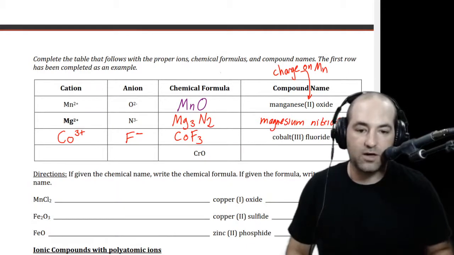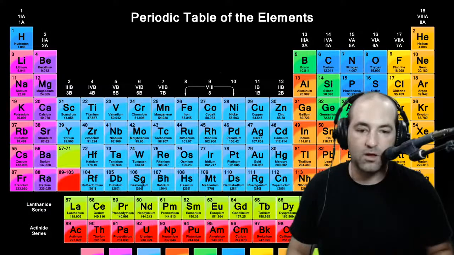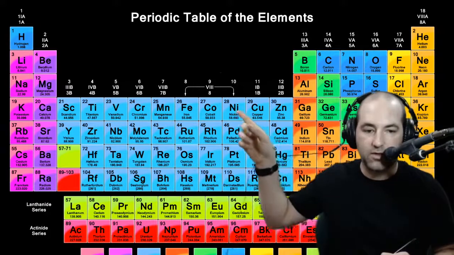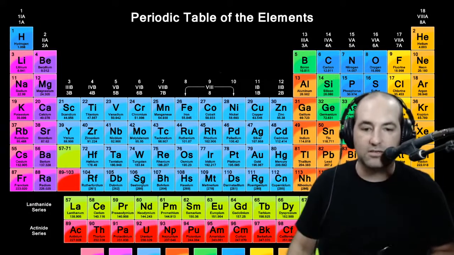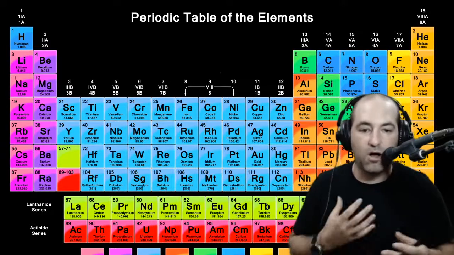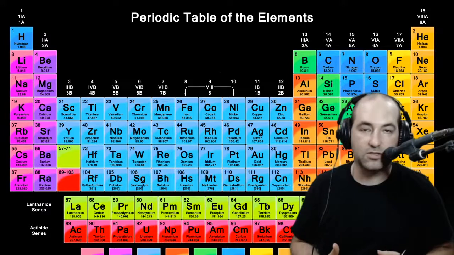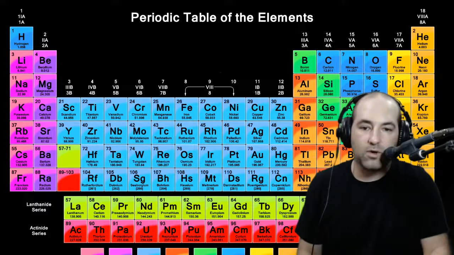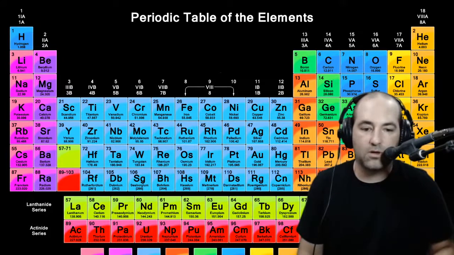If we look in the periodic table, Cr is number 24, on the top row over there. And that doesn't help because all this stuff in the middle can have lots of different charges. So all we know is chromium has different charges, so that puts us in this category where we need the parentheses.